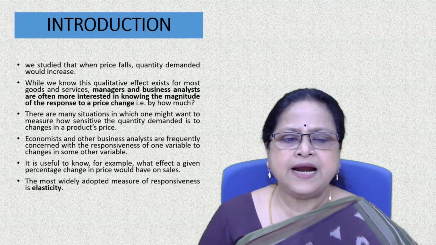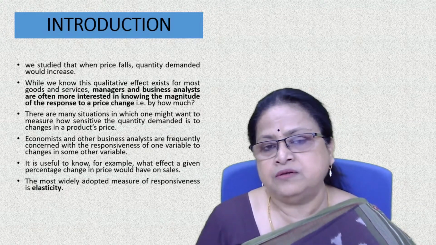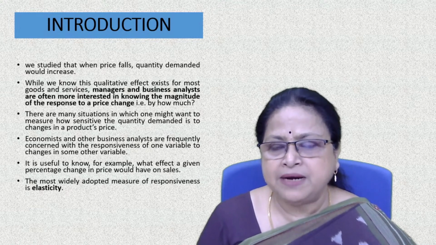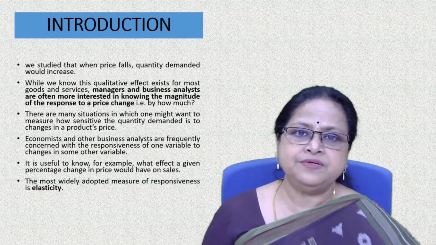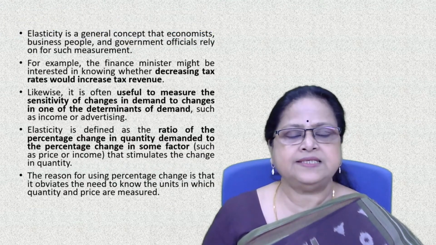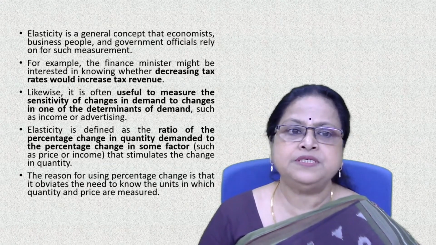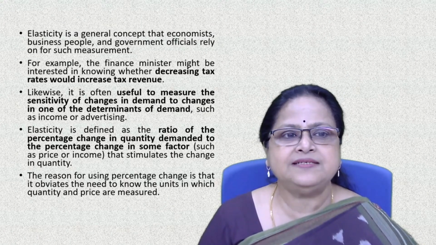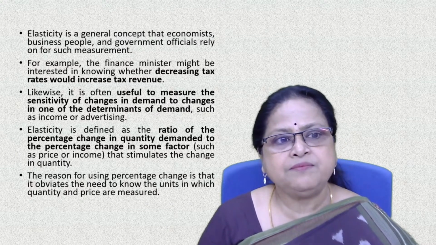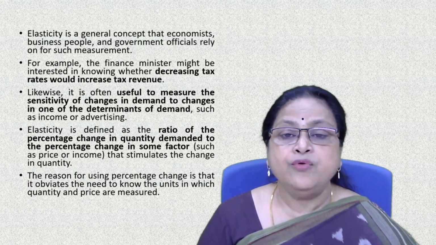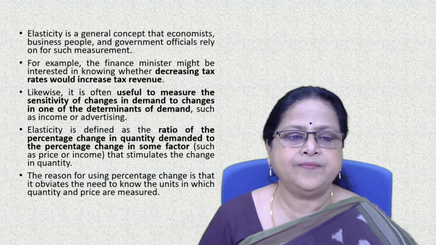The most widely adopted measure of responsiveness, that is, how to know how much quantity we are going to sell in the market, is known as demand elasticity. Elasticity is a general concept that economists, business people, and government officials rely on for such measurements. For example, the finance minister might be interested in knowing whether decreasing tax rates would increase tax revenue or not.